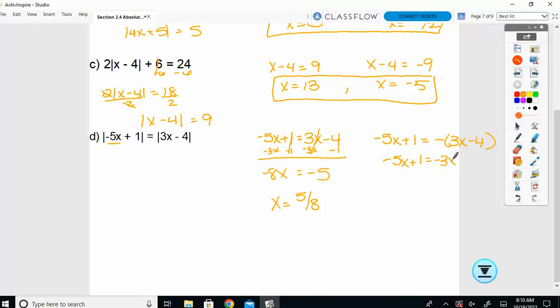Second answer, if we distribute, we get negative 3x plus 4. So if we add over the 3x and subtract over the 1, divide, we get negative 3/2.